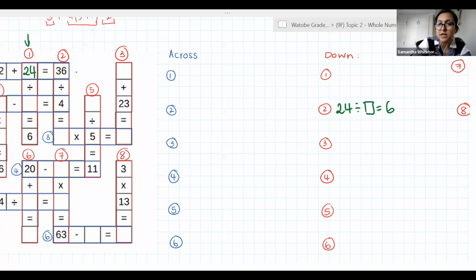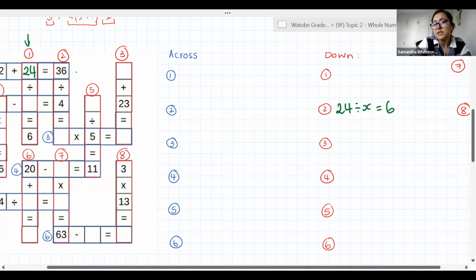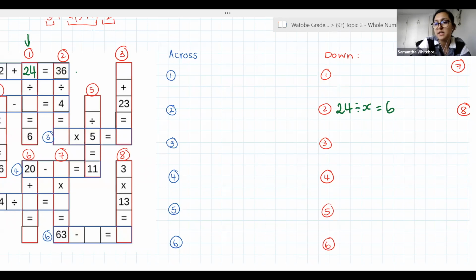Okay. Now, if we think about that, that's sort of an equation which we can go and deal with. And you can sort of imagine that block as an X. And so this is like an inverse operation. We need to ask ourselves, well, if I did the opposite, if I say 24 divided by 6, what would I get? I would get 4. And this leads us back to this idea of solving equations.